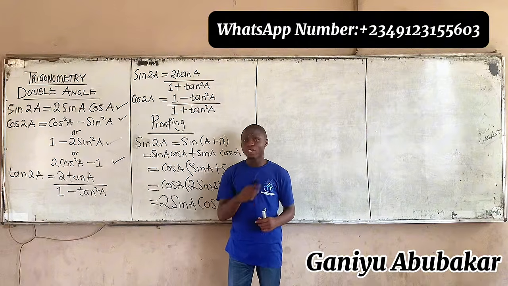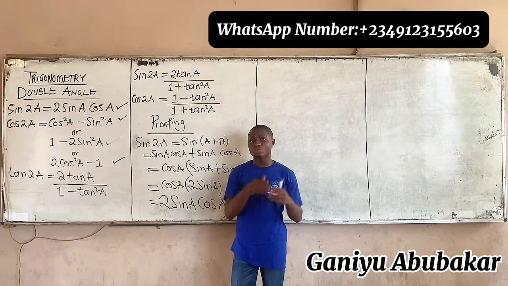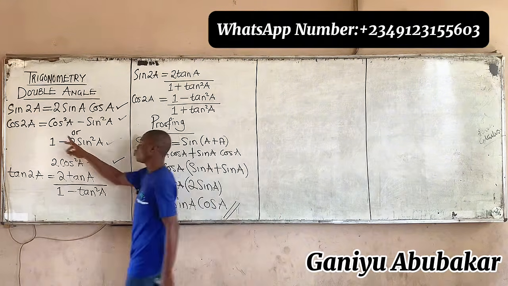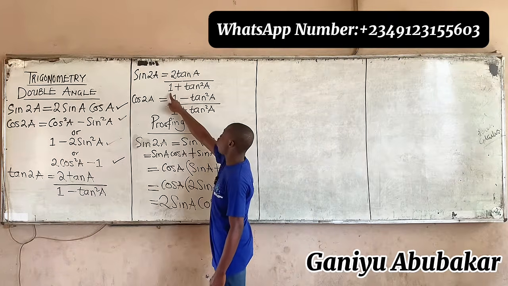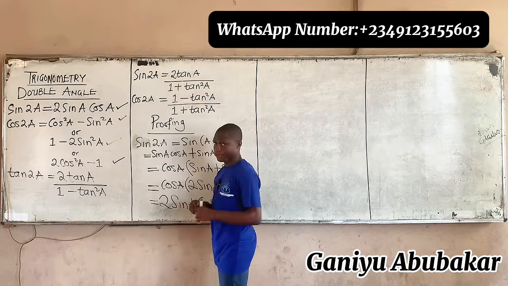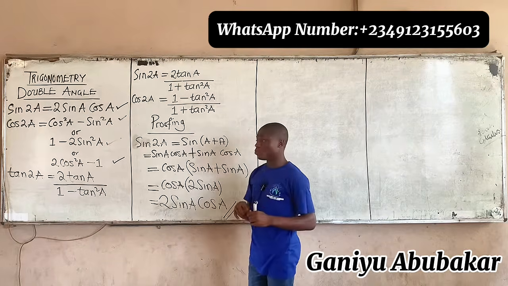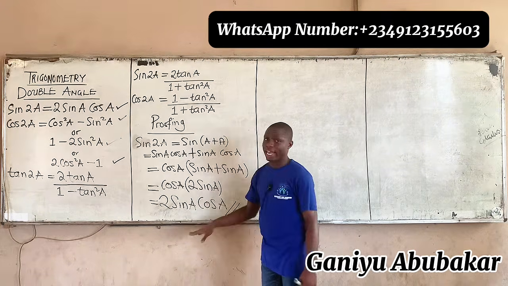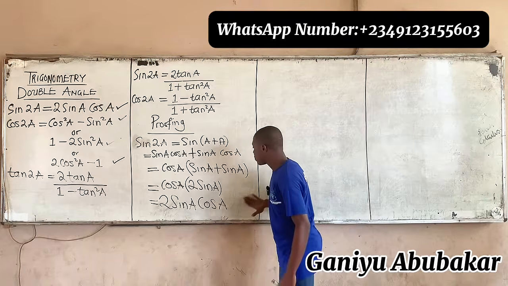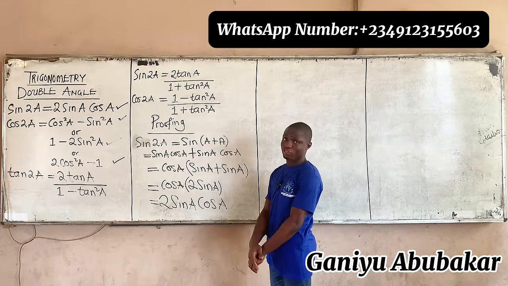Welcome back. Let's look at how to prove sine 2A in terms of 2 tan A all over 1 plus tan squared A. We look at how to prove that sine 2A is equal to this. We did this earlier, so without stressing myself, I'll work on this answer straightforward.